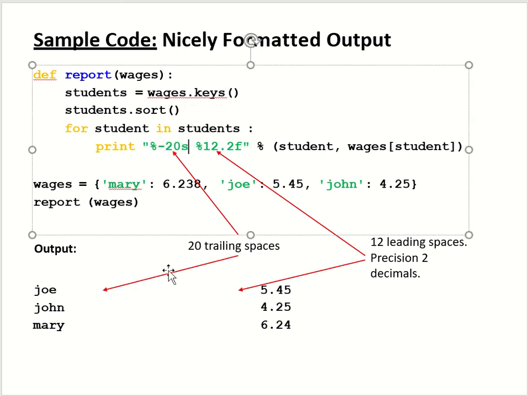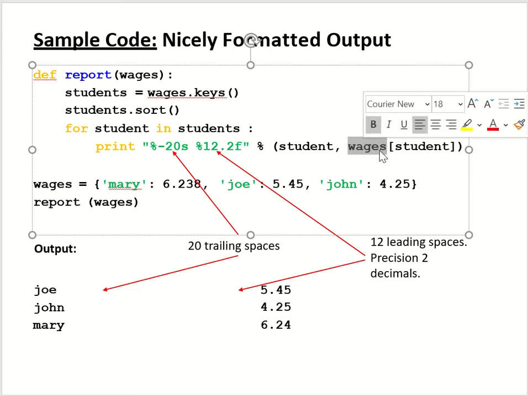%-20s. So that means 20 spaces after the s, this student, the name, the key, then %12.2f, which means 12 leading spaces, to the left, and also a precision of 2 decimal places, that .2f, a floating point number.